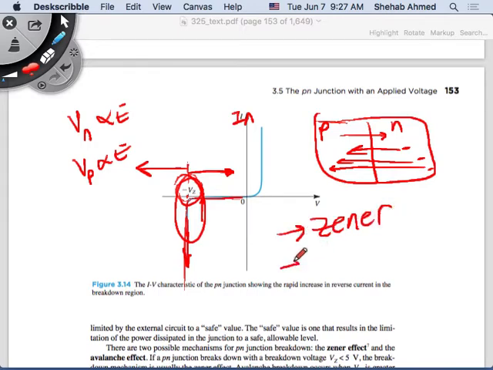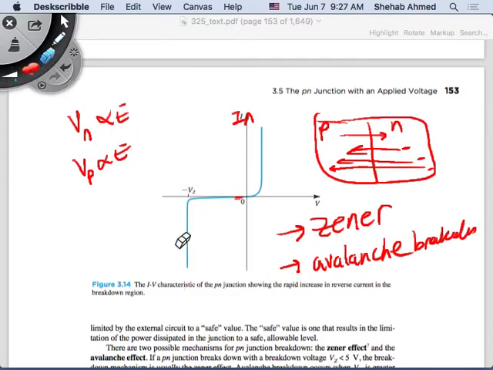Beyond Vz considerably, it's called avalanche breakdown. They're both going down. They're both, current is increasing in both cases. But beyond a certain value of voltage, in the neighborhood of Vz, if I zoom in here, this is acceptable.